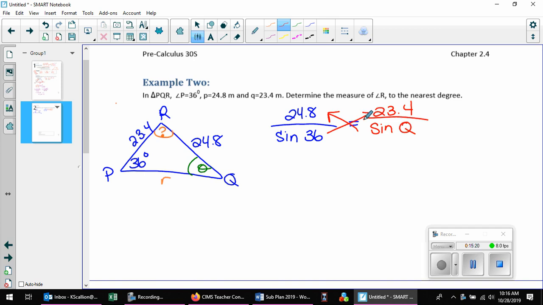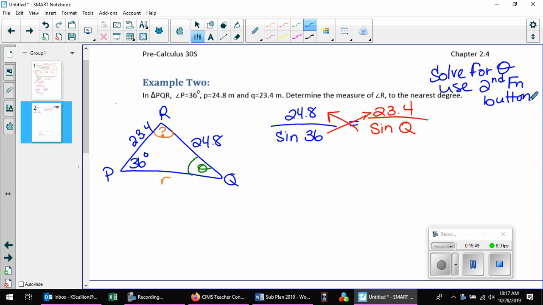Okay, we are solving for an angle this time. So if we're solving for an angle, my units will be in degrees, and I know I'm going to have to use the second function button on my calculator. Grade 10, you should remember that, right?